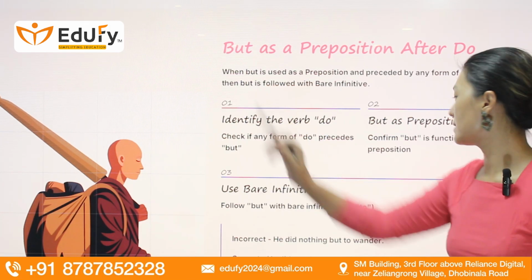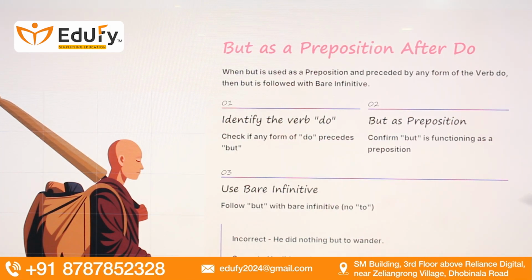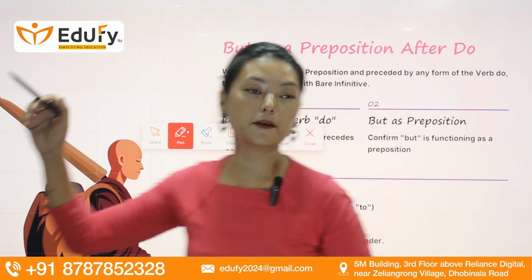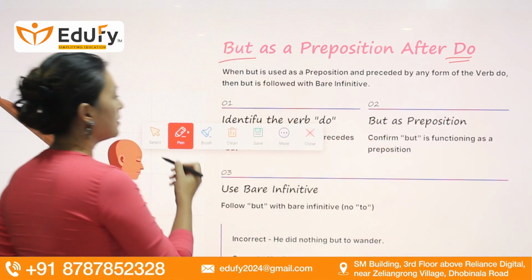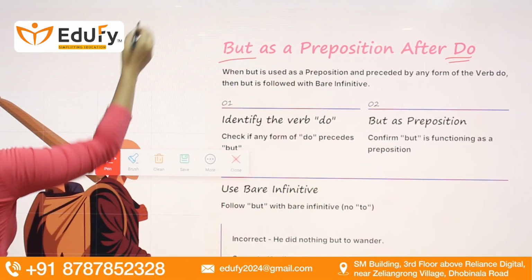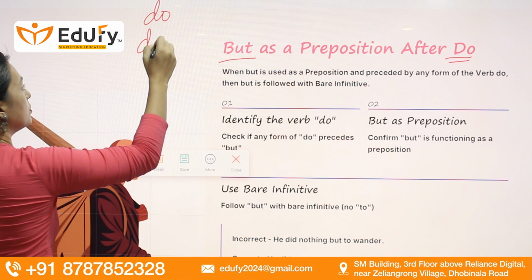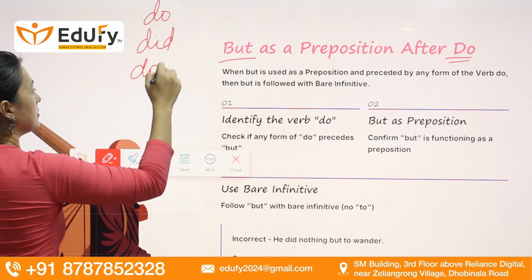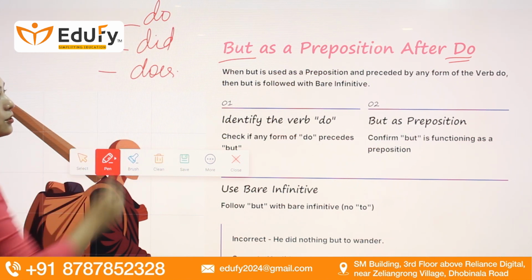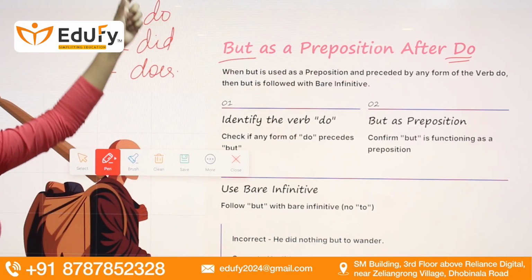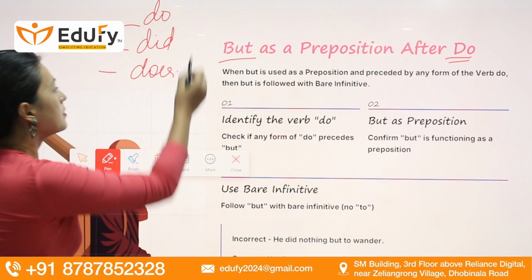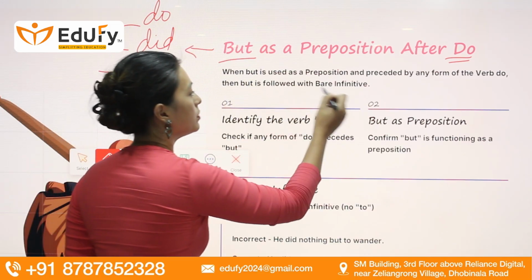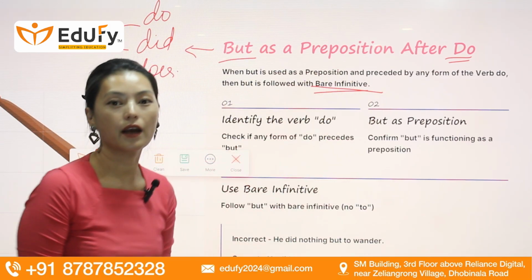First is but that performs the function of a preposition. And again we have the forms of do. Under forms of do we have three things: do, did, and does. These three are the forms of do, right? So among any of these, if it's written after the preposition but, then we will use the bare infinitive.